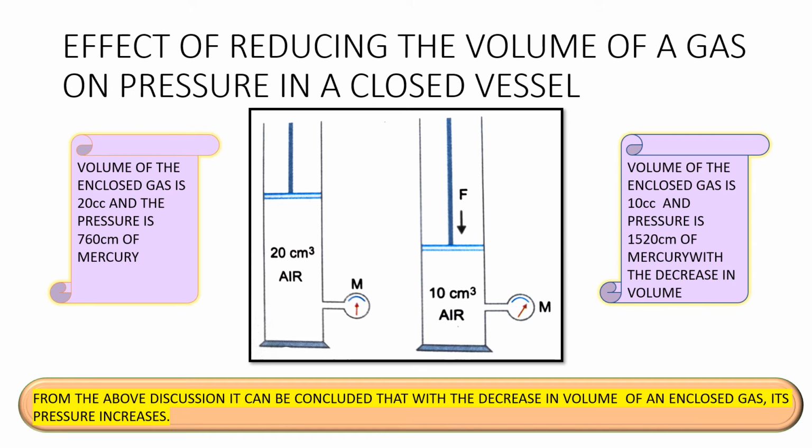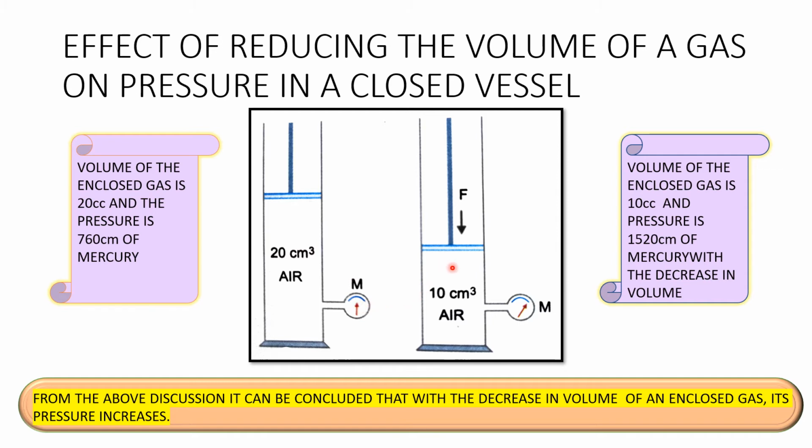Now, effect of reducing the volume of a gas on pressure in a closed vessel. We will take two closed vessels. In one, the volume of the enclosed gas is 20 cc and the pressure is 760 cm of mercury.